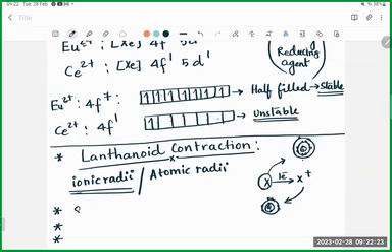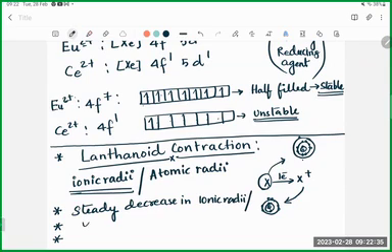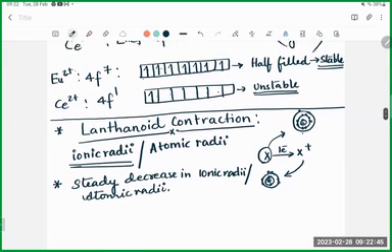The first is a steady decrease in ionic radii as well as atomic radii. Correct? So first we found the size is decreasing.